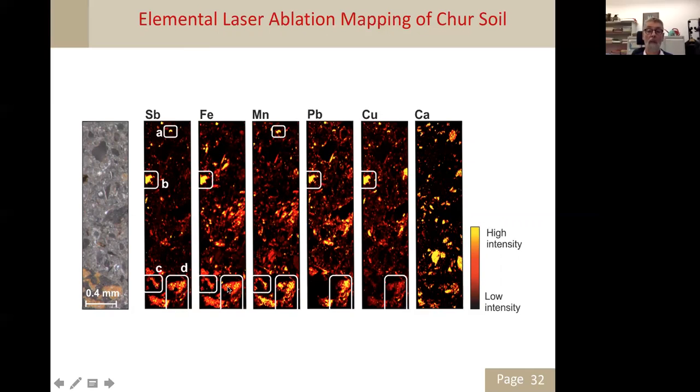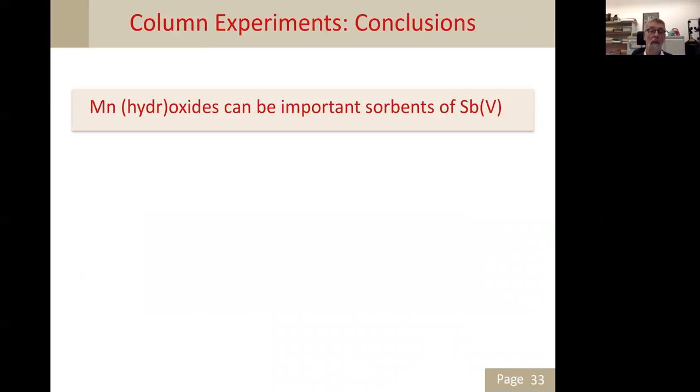So in the case where we have iron oxide absorption, it seems to be related to where the bullets came in. Maybe the iron actually also was the rest from the steel mantle and then oxidized, while the antimony and the manganese was from antimony that then migrated and was sorbed and trapped.